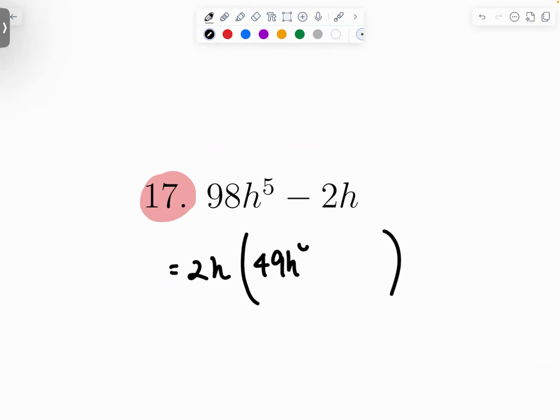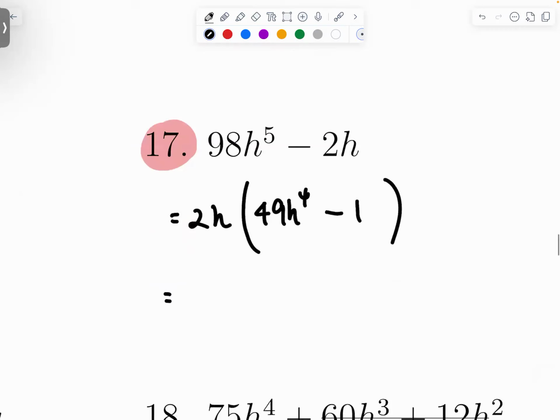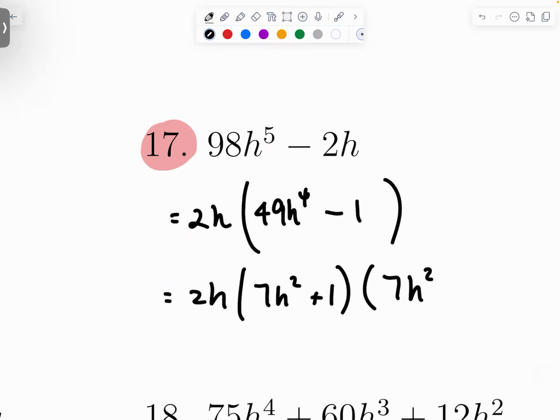49h to the 4th power minus 1. Ooh, can you see? Again, a squared minus b squared. Now, depending on the teacher, usually we're done right here in Algebra 1.